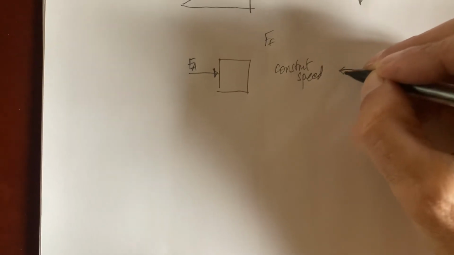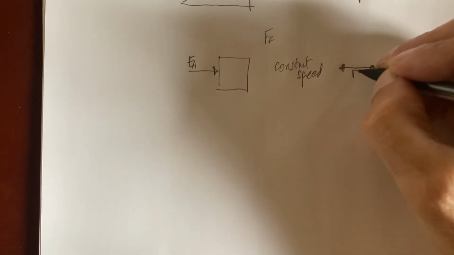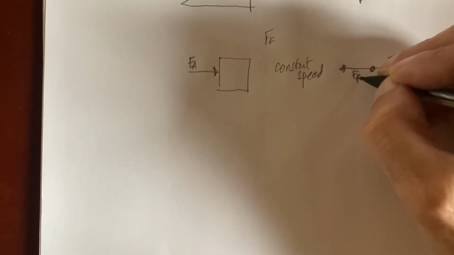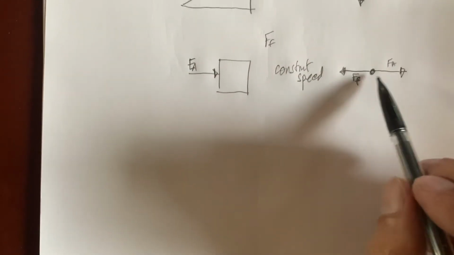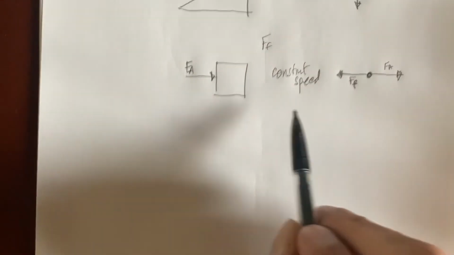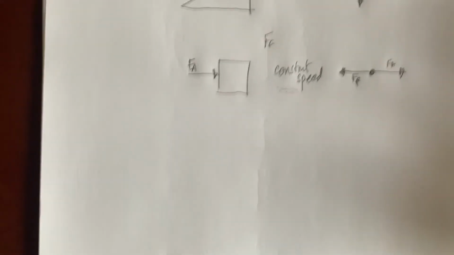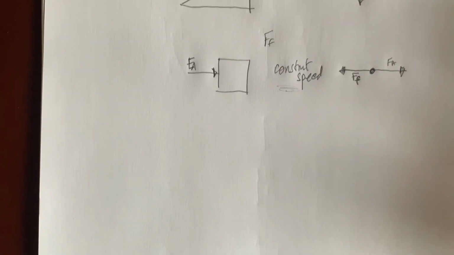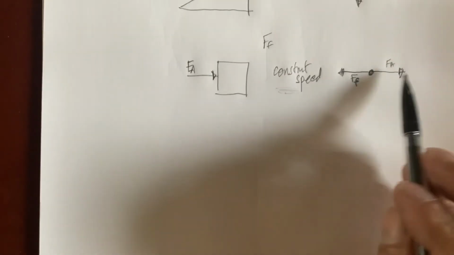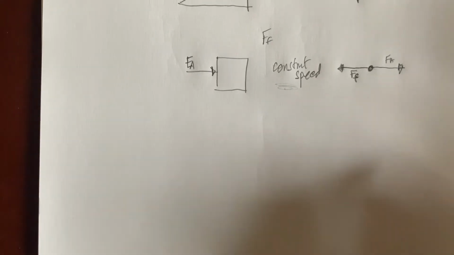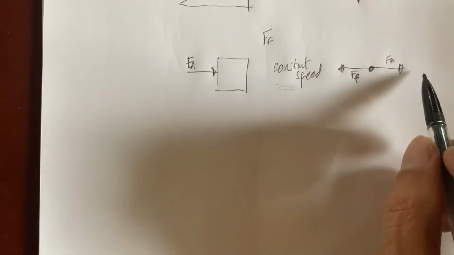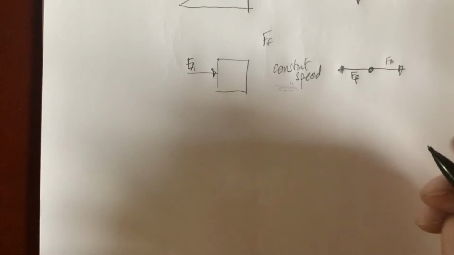and the force of friction in this direction. And the force of friction, if you remember, is going to have to be the same size as the applied force because it's moving at constant speed. That means I'm pushing it with just enough force to overcome friction. And so it would be moving at a constant speed, no acceleration because of that.